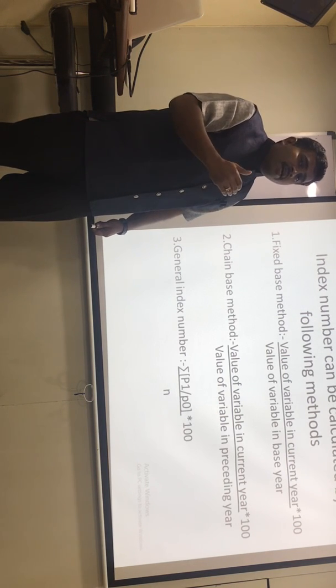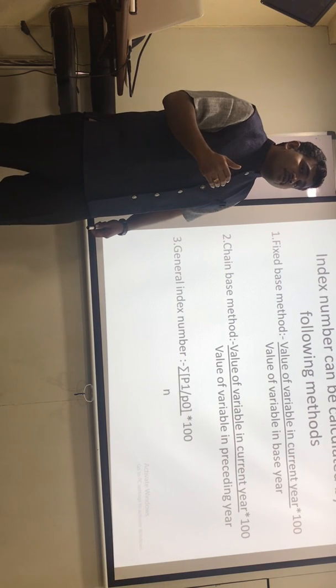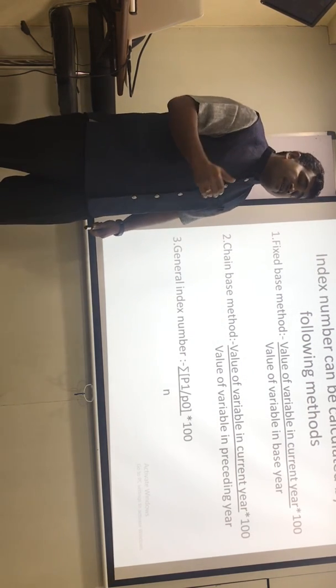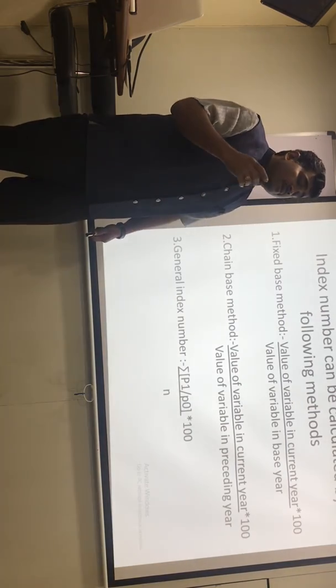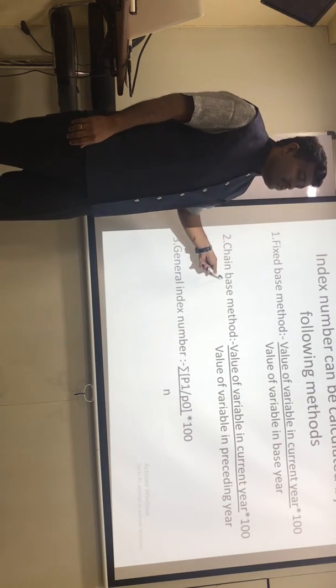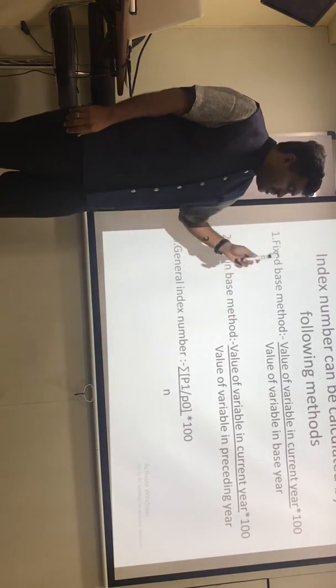For example, if I want to compare the figure of 2019, I compare with the figure of 2018. If I want to compare the figures of 2018, I will compare with the figure of 2017. That is the chain base method, also multiplied by 100%, right?